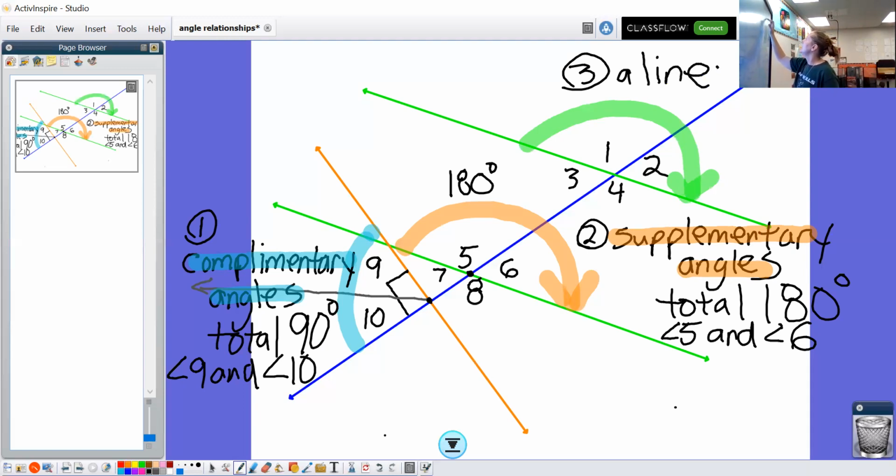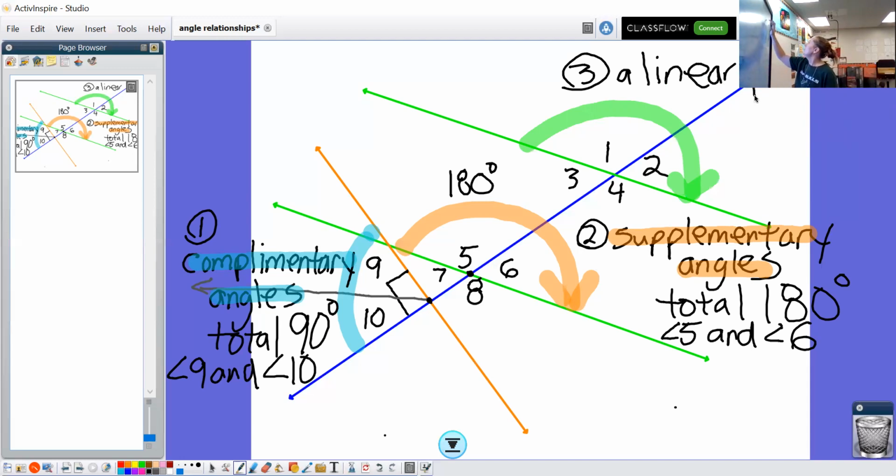A linear pair of angles is two adjacent, you know what, that's really messy, Miss Rowe. My handwriting's getting bad. Let me back up the bus a little.